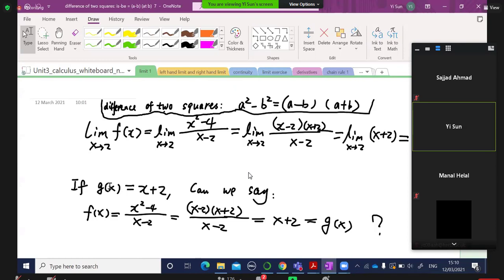Domain is the set of all possible x values which will make the function work and will output real y values. For this one, domain x can be any real number. But for this one, domain x cannot be equal to 2. When x equals 2, the function is undefined. So we almost can say they two are equal, but actually, just because of this x equal to 2 issue, they are not the same.